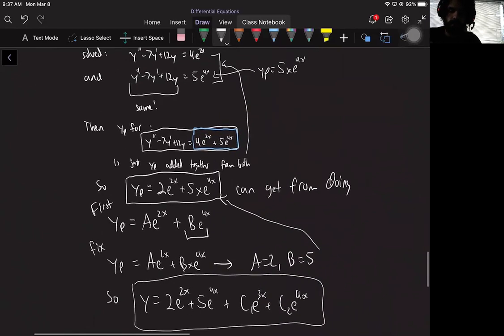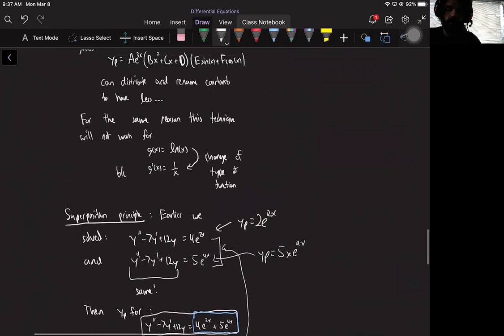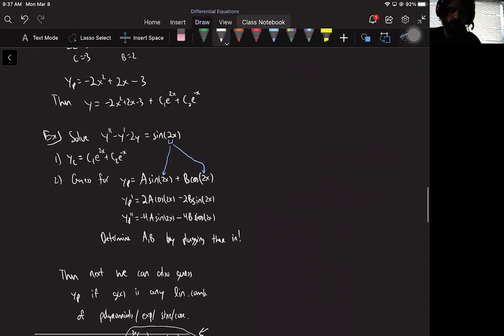The main thing is to be able to do the undetermined coefficients technique for the things that we did earlier. So don't get too bogged down.